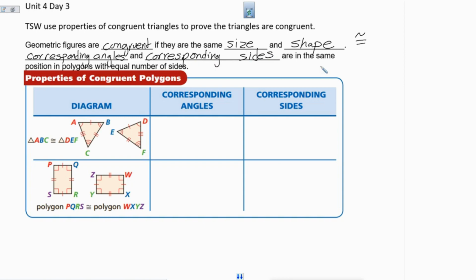Now our corresponding angles and our corresponding sides, there have to be the same number of them, and they are going to be congruent. They have to have the same measure.